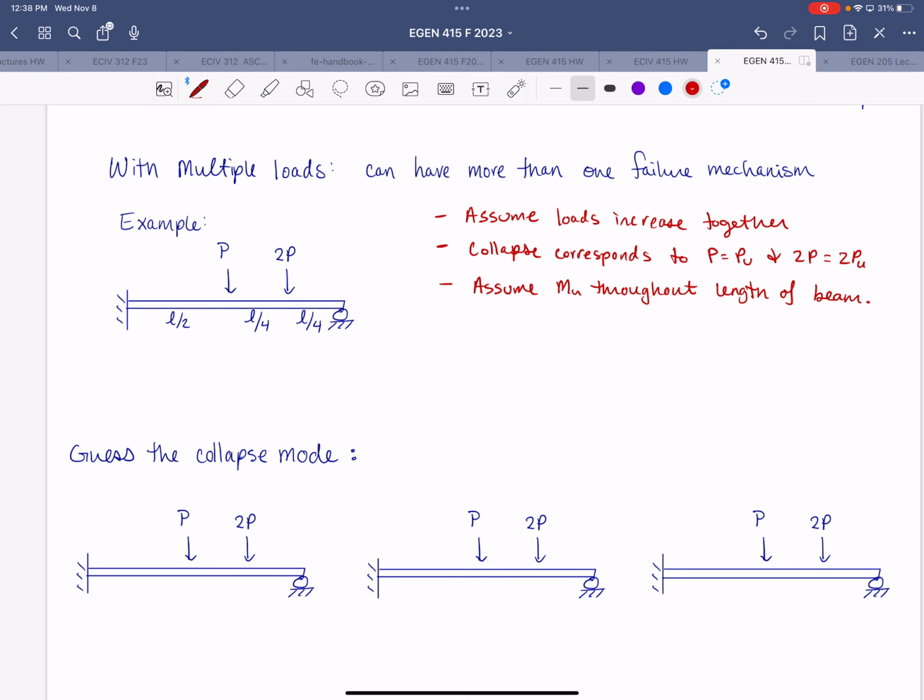All right, the actual collapse mode will have values of Mu at the locations where the hinges have occurred, but there will never be a location along the length of the beam that exceeds Mu, right? That's the limit. It can't physically develop a moment that's larger than Mu. So I'll make a note of that.